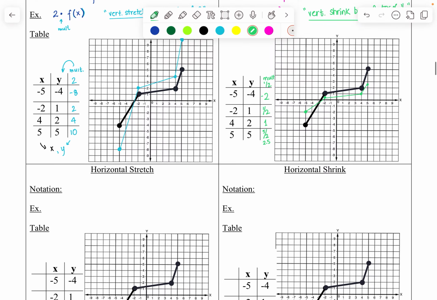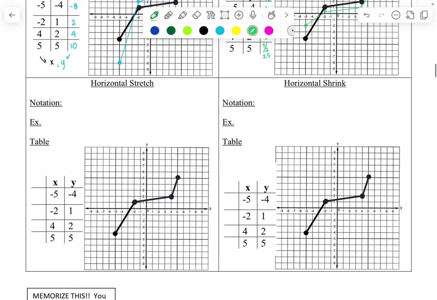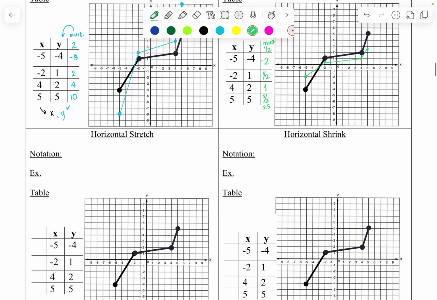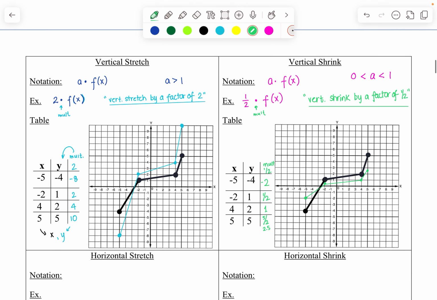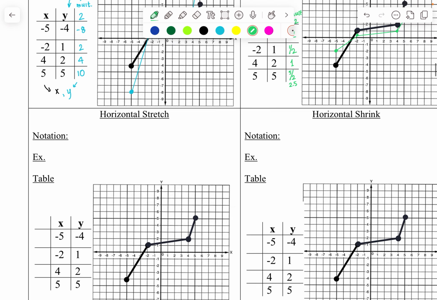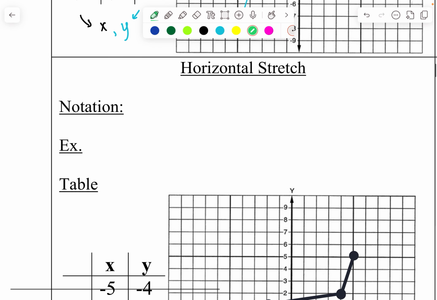Now let's go ahead and talk about horizontal stretch and horizontal shrink. So over here we talked about alterations made on the outside of the function, f of x. That happens to our y values. Over here, when it's a horizontal transformation, we are looking at what's happening to x.